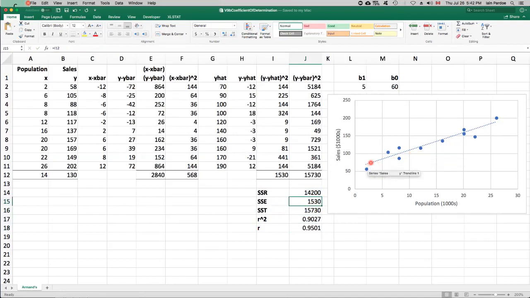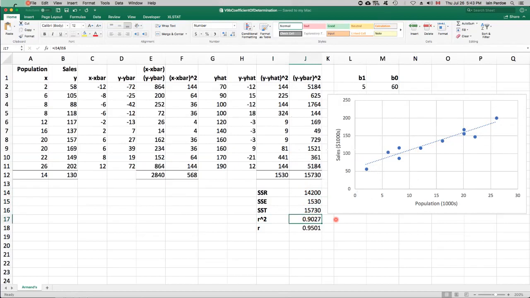Well, that would mean all these points would have to lie right on the line because there's no error, and we're adding up a bunch of zeros squared, and we get 0. So the sum of squared errors is 0 if all the points lie along the line. If that was 0, then the sum of squares due to regression would be the sum of squares total. These two numbers would be the same if this was 0. And then r squared would be the ratio of one number to another number where the two numbers are the same. It would be 1.